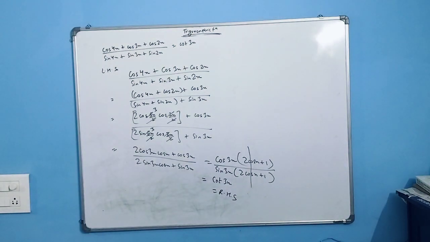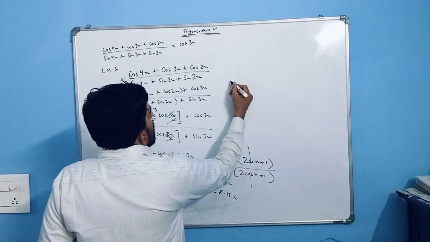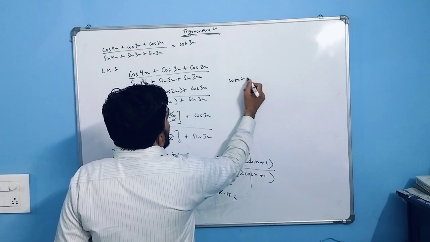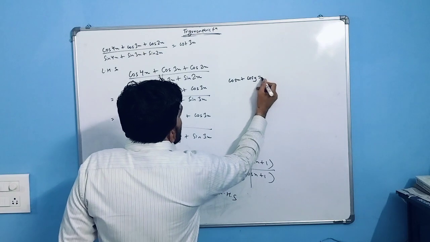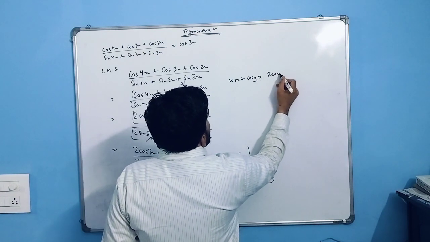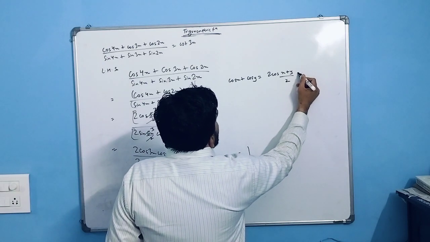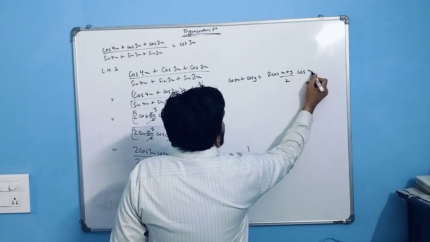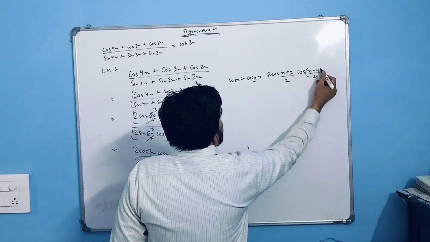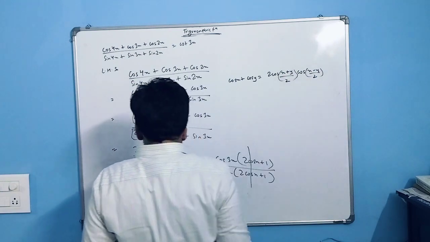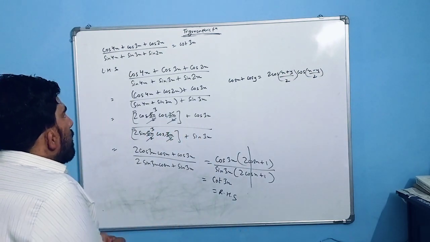So we have applied here two identities, that is cos x plus cos y is equal to 2 cos (x plus y)/2 cos (x minus y)/2. And what about sin x plus sin y?